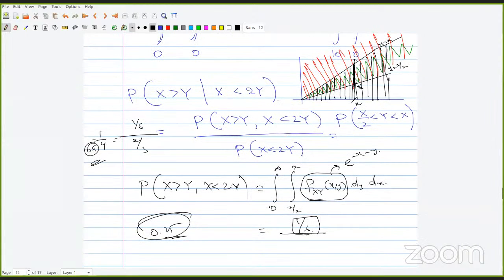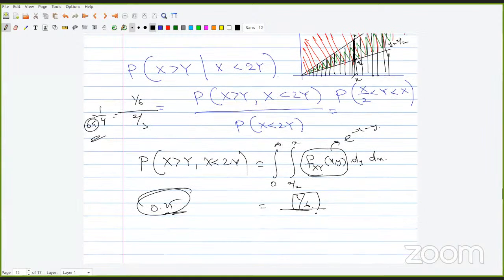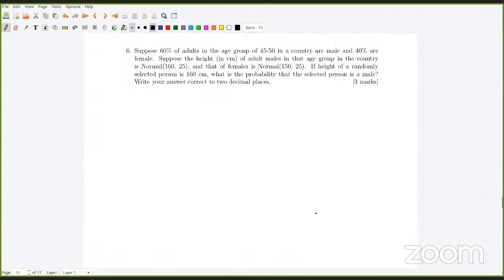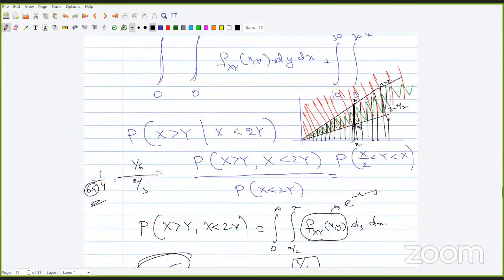Now that we have the intervals, it is just the integration part. So you just integrate and find the value. Those who have done it, I guess you got 1 by 6. Correct? 0.25 is the answer. Yes, correct. That is how we solve that particular question.